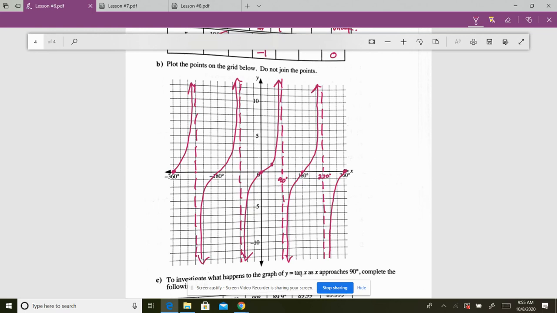All right. Let's do domain, range, asymptotes, x-intercept, y-intercept.